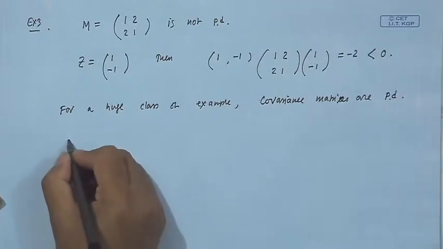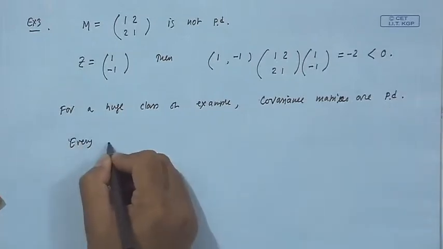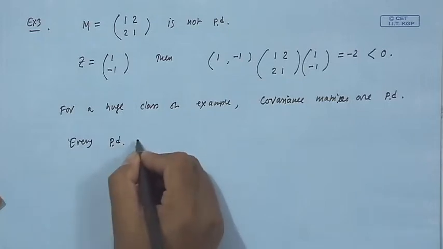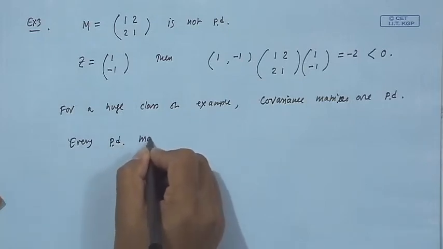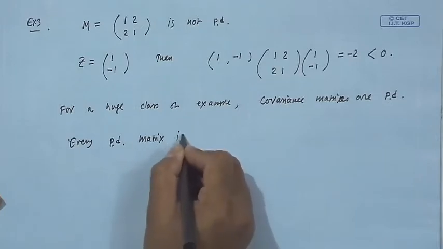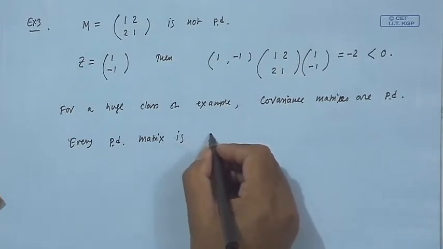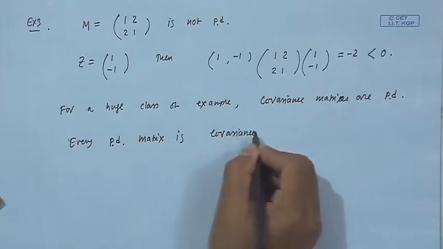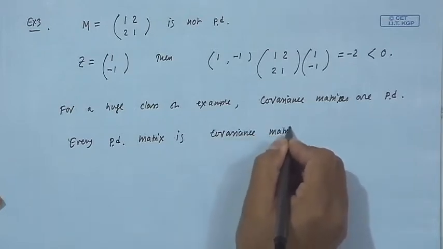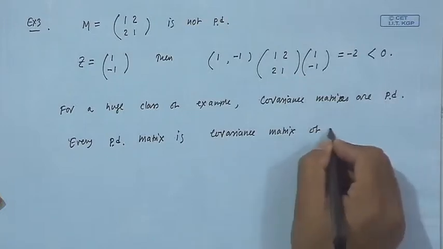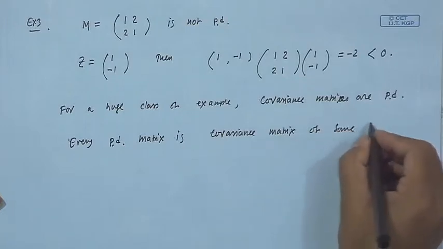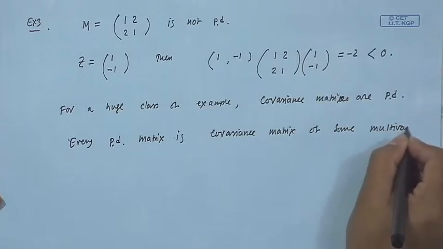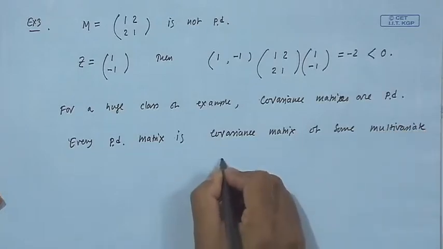In fact, every positive definite matrix is a covariance matrix of some multivariate probability distribution.